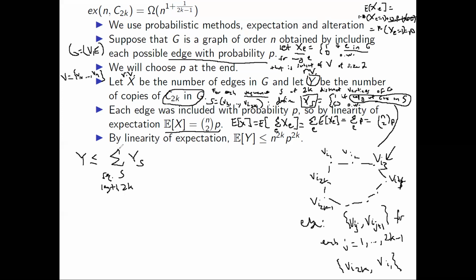So the sum of the YS's is going to be at least the number of copies. It's possible that the same copy could contribute to multiple YS's, so the sum of the YS's might overcount the number of copies. It's fine to overcount because all we're claiming here is that Y is less than or equal to the sum of the YS's. So if we want expectation of Y, we can write this as less than or equal to expectation of the sum over S of YS. And this equals the sum over S of expectation of YS.